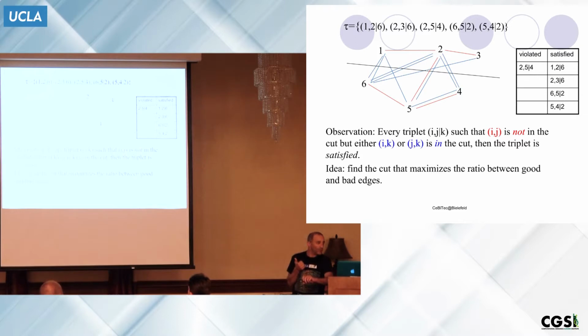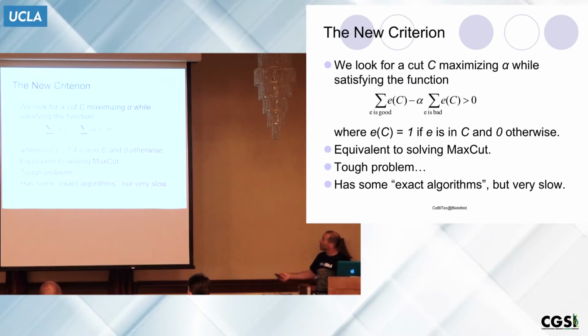However, as opposed to min cut, I have here a heuristic that is NP hard, because this is exactly our criterion: we want to maximize alpha, where C is the cut, and alpha is the ratio between good edges and bad edges.